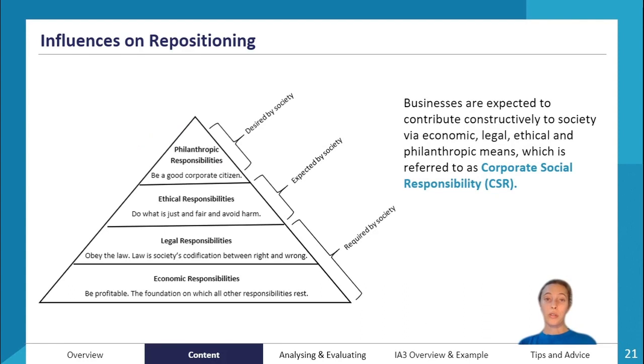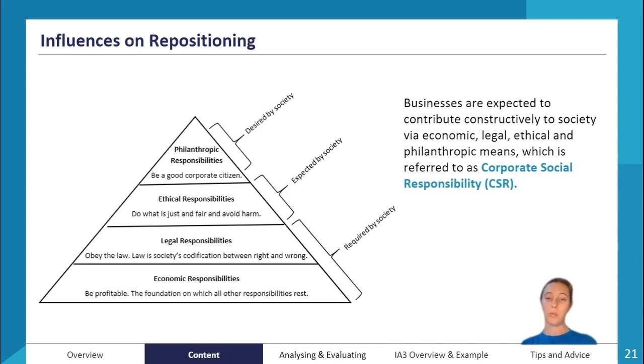So, corporate social responsibility, which we just mentioned then. This is this idea that businesses are expected to contribute constructively to society, and that can happen in multiple different ways: economic, legal, ethical, and philanthropic. And this is called corporate social responsibility.